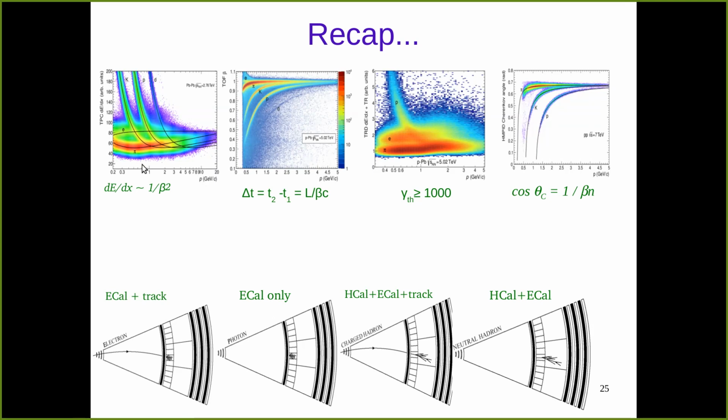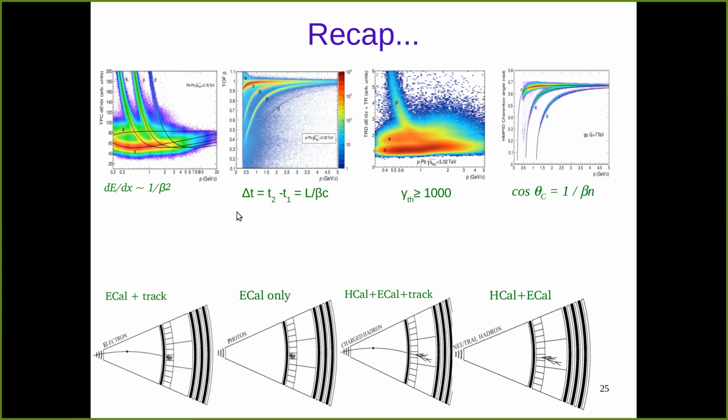So there is a dE/dx measurement, that is the energy loss, which is related to the velocity of the particle, and from that you get different bands for different particle species. Today I will discuss how you can actually quantify this separation, how you can cut out or separate one particle from another.